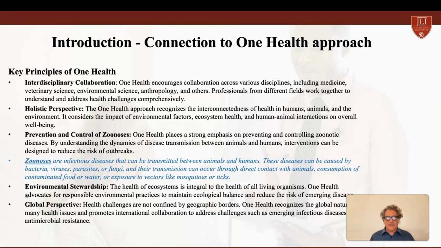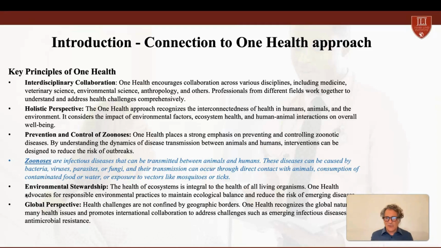This has a holistic perspective because it's not just focused on human health or animal health or the environment. This approach will cover all these three important spheres that interact with each other.